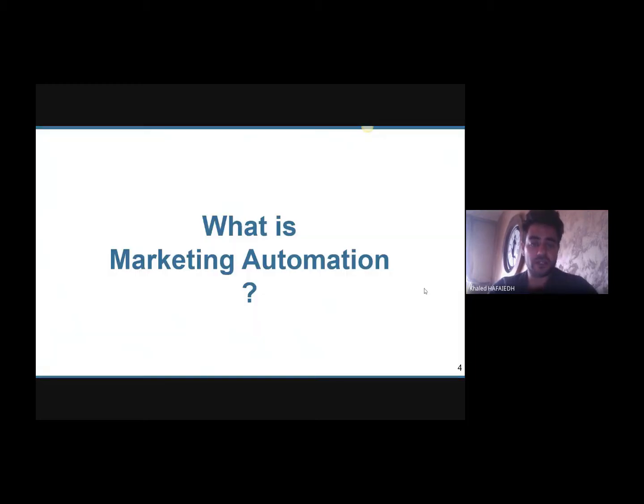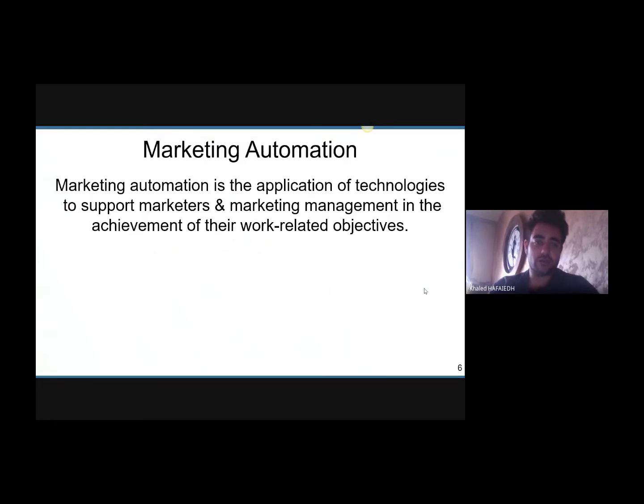First, what is marketing automation? Marketing automation is the application of technologies to support marketers and marketing management in the achievement of their work-related objectives. It is crucial in marketing since it allows us to automatically perform and manage sales and marketing tasks.